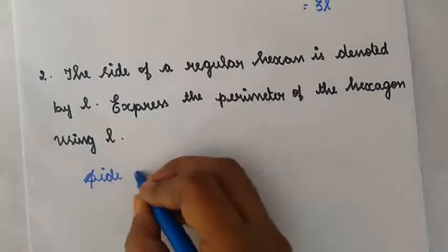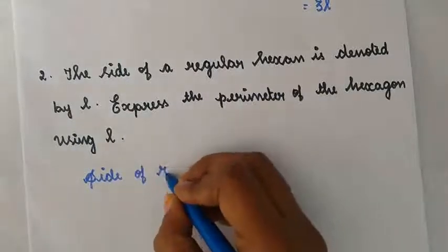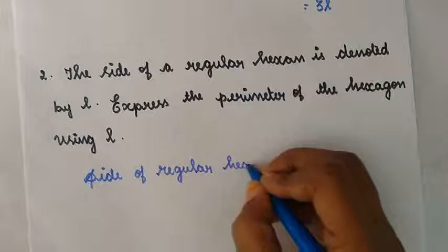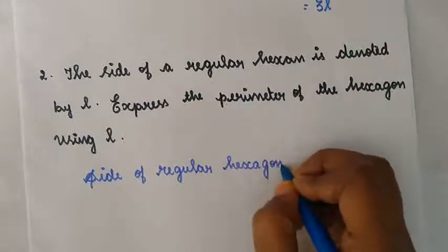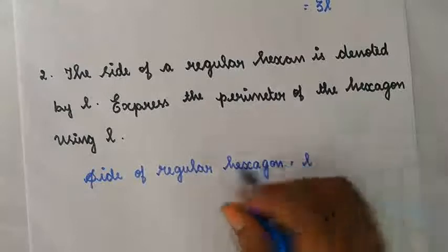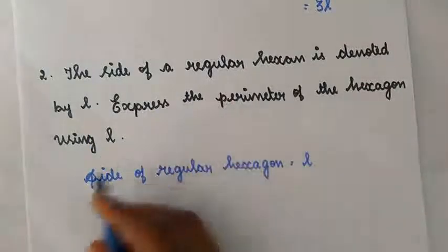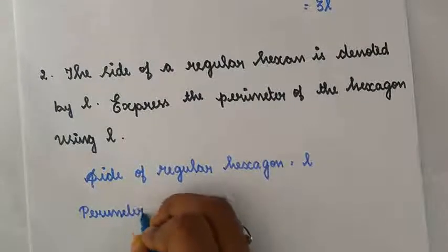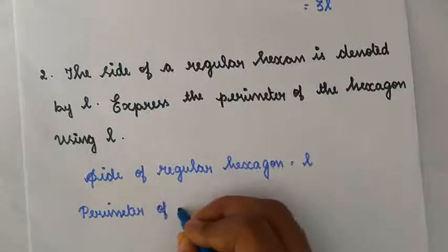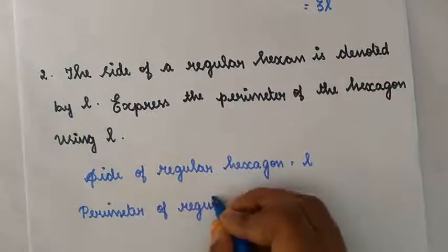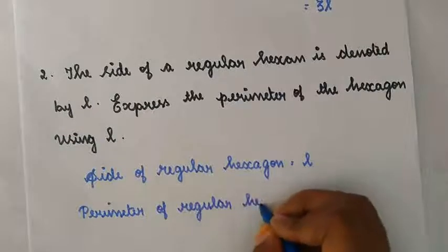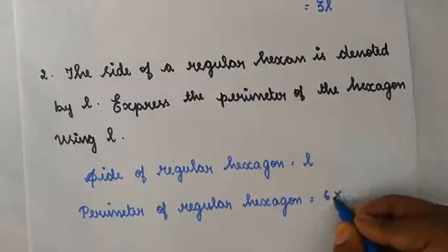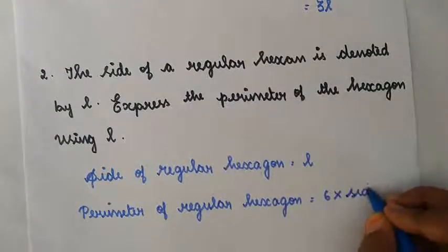Here given is the side of the regular hexagon is L. This is given. Next we have to find the perimeter of the regular hexagon, which is 6 into side, because it has 6 equal sides.